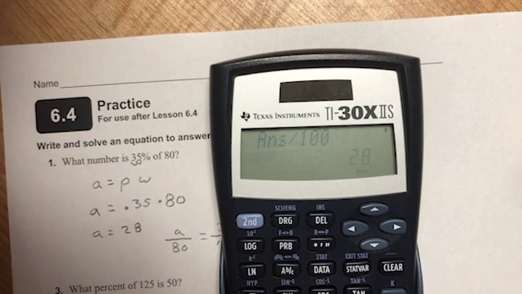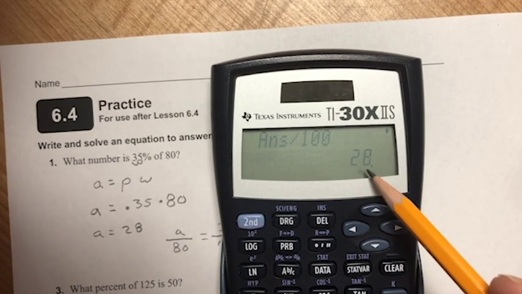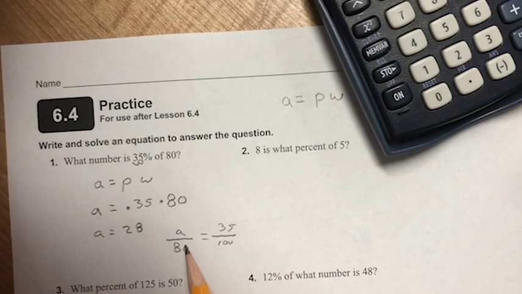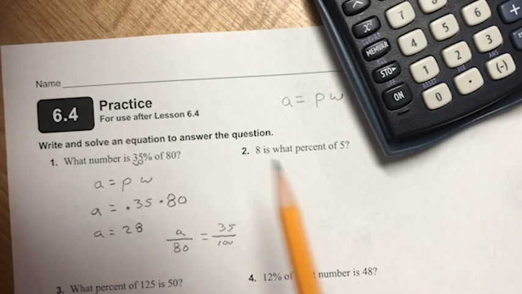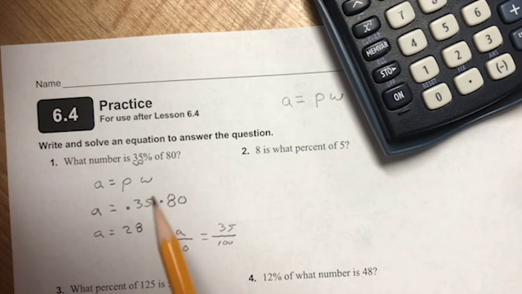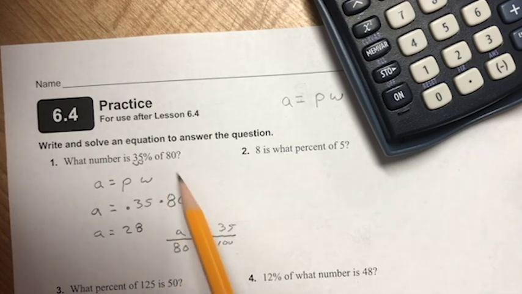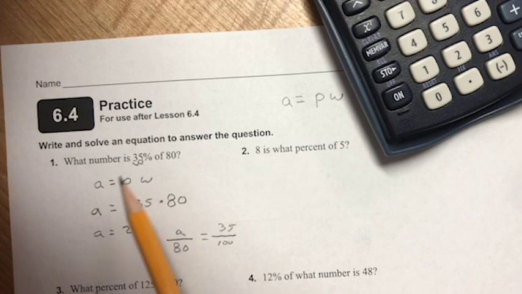Divide by 100, and I get that A, again, is 28. So this is another way of doing it. To me, it doesn't matter ultimately which way you do it when it comes to test day. However, for now, I do want you to practice this method, because ultimately this is going to be more important to you, especially when you get closer into algebra type stuff.